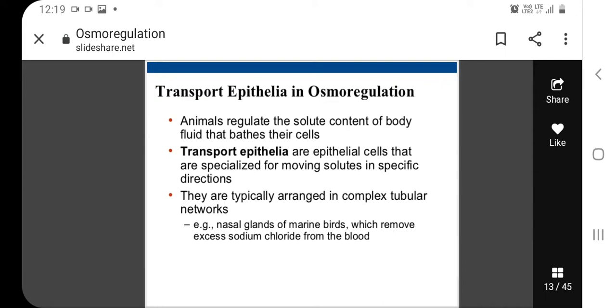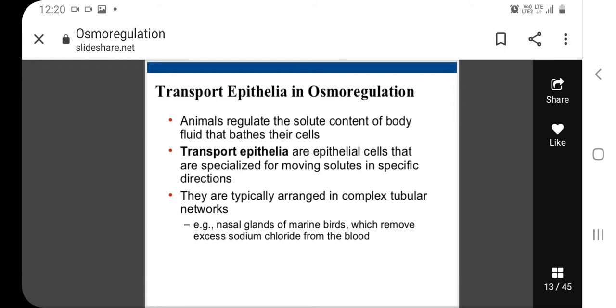So, as I was telling you, the epithelial cells are specially structured so as to facilitate the transport of ions. Animals regulate the solute content of the body fluid that bathes their cells.